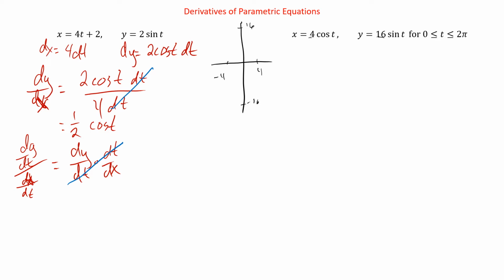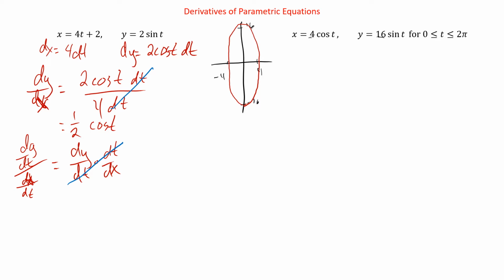There's no addition or anything there that's going to move the center. You'd have to have like a 4 cosine of t plus something. And so we get an ellipse centered at 0, 0, yeah, it doesn't look like an ellipse, but you get the idea.